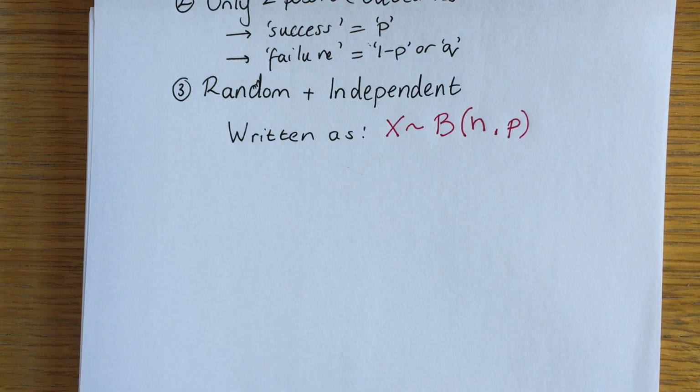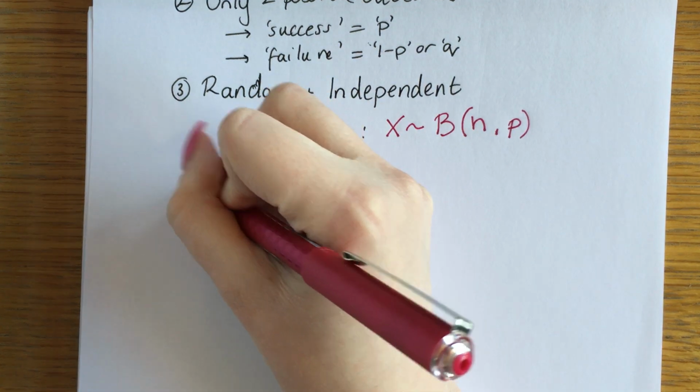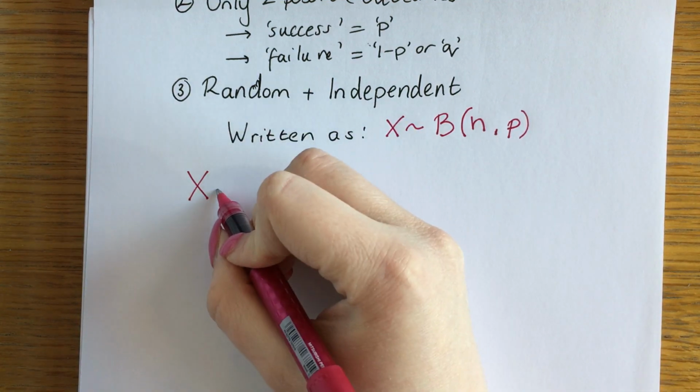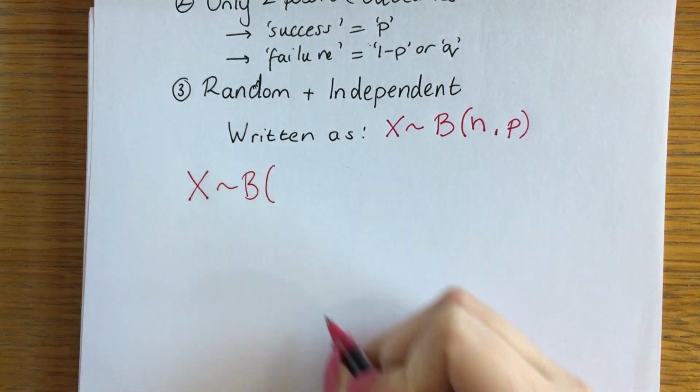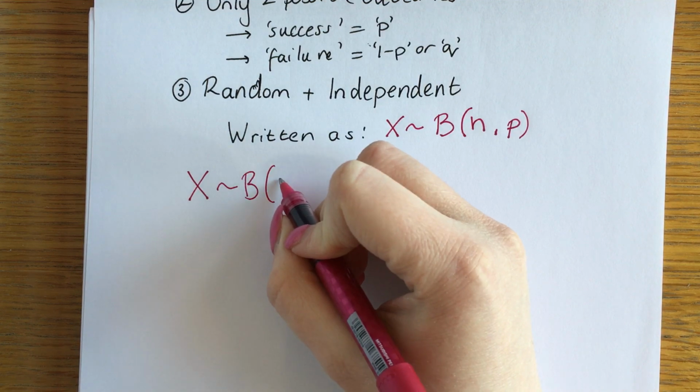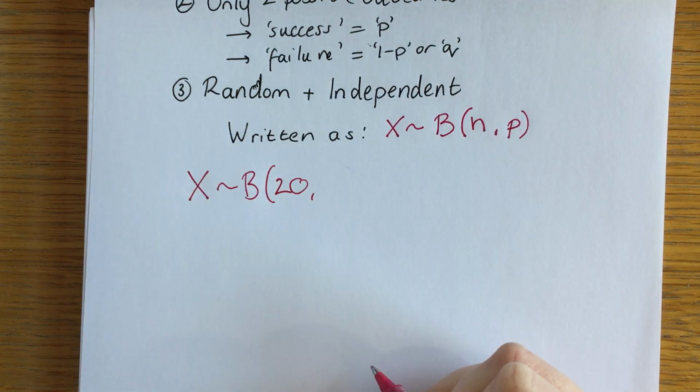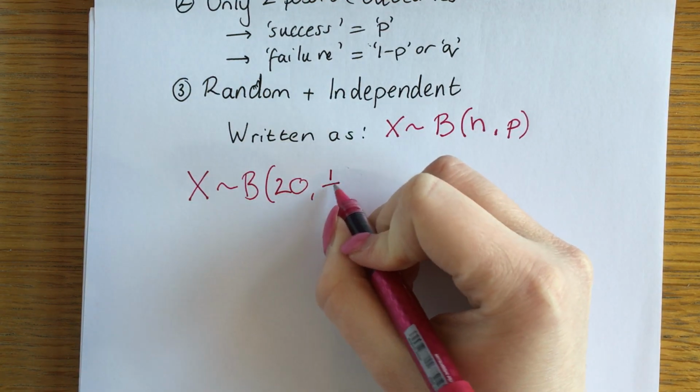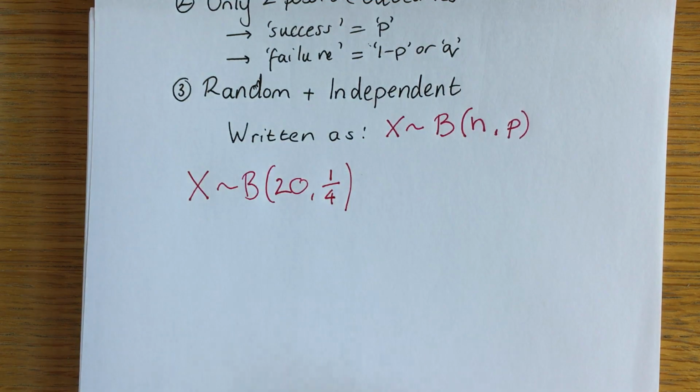So let's say we're looking at a biased dice. So x, which is the number on a biased dice, is binomially distributed. And let's say I roll the dice 20 times. And because it's biased, the probability of getting a 6 is a quarter.